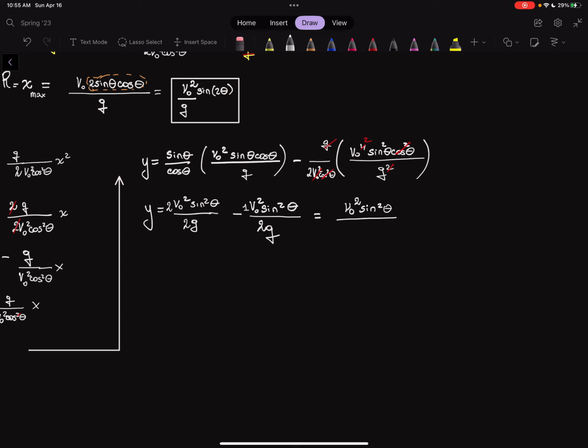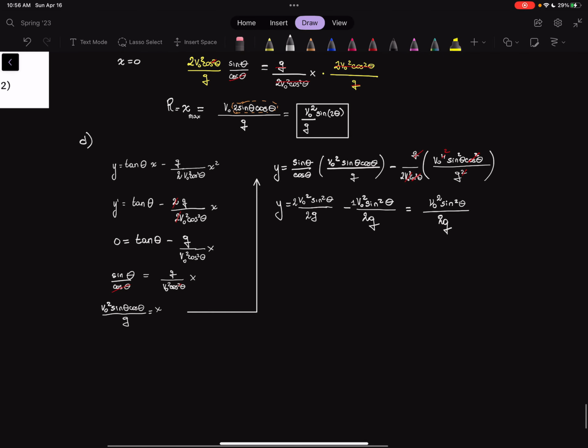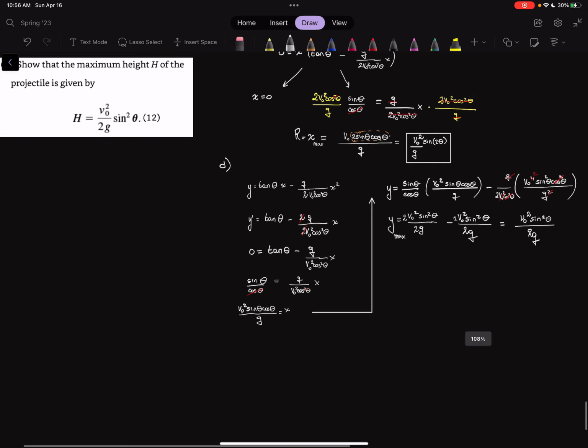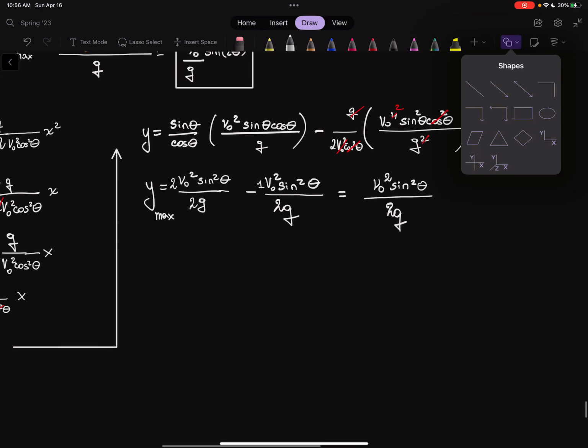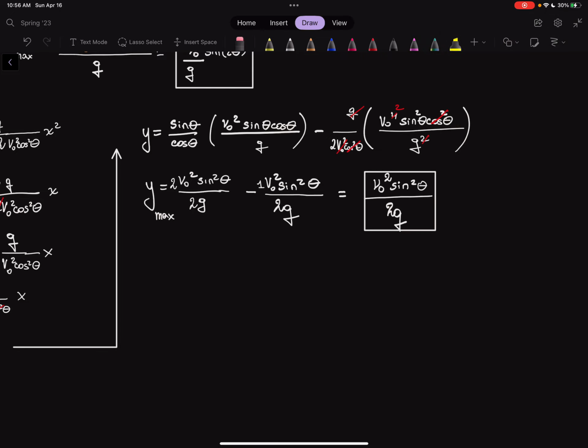And then this is all going to be divided by 2g. And this is going to be our y max. And we got the same thing. So this is our answer right here.